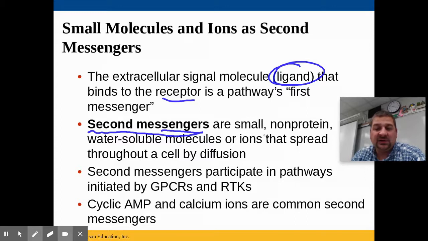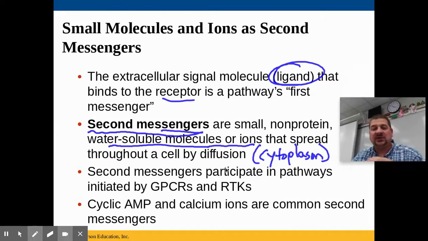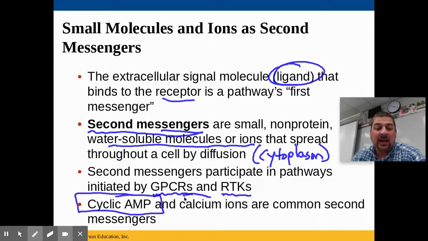Second messengers are small, non-protein, water-soluble molecules or ions that are usually in the cytoplasm, that can spread throughout the cytoplasm by diffusion, and can participate in these pathways that were initially initiated by the GPCRs and the RTKs. Two common ones we want to look at today are cyclic AMP and also calcium ions, Ca2+. These are very common second messengers.